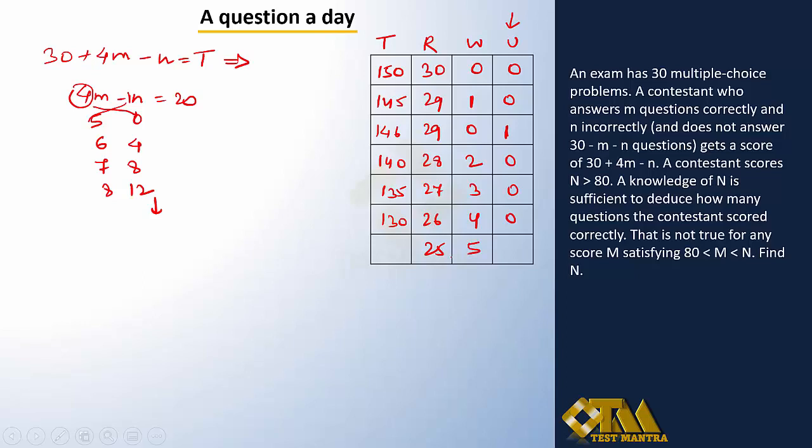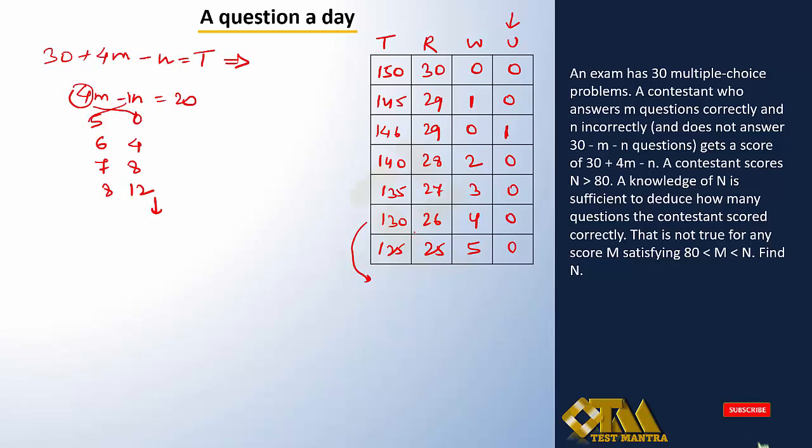So let's see what my score is possible in this case, and 0 unattempted here. Here we can identify 25 into 4 is 100, minus 5 is 95, plus 30, 125 will be the score here, right? But suppose I'll change this one.